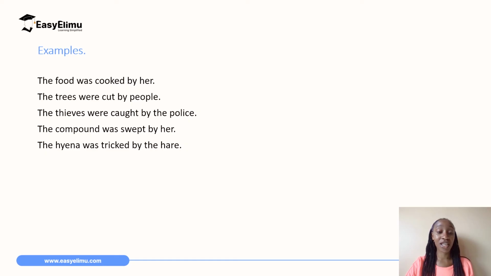Was tricked is the action. The hare is the subject. So it is important to note that when we are now converting a sentence from the active voice to the passive voice, there must be an auxiliary verb. Otherwise, the sentence will not make grammatical sense.